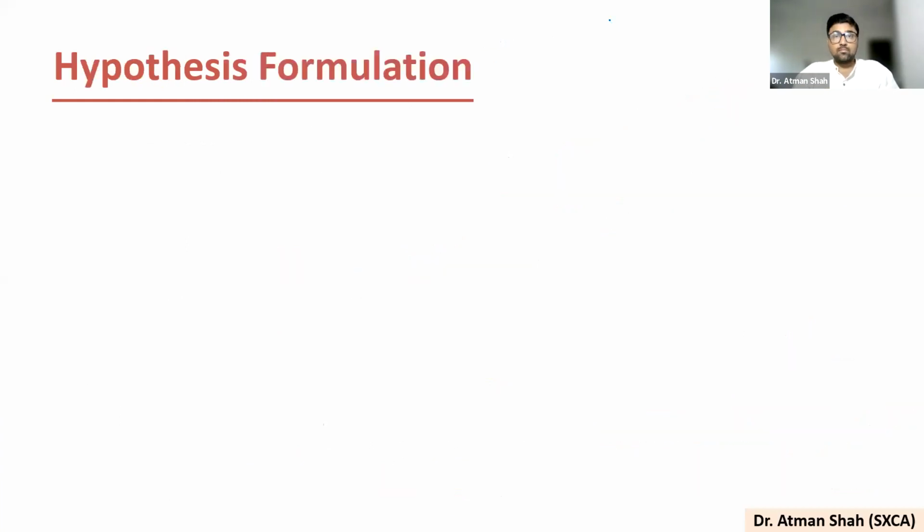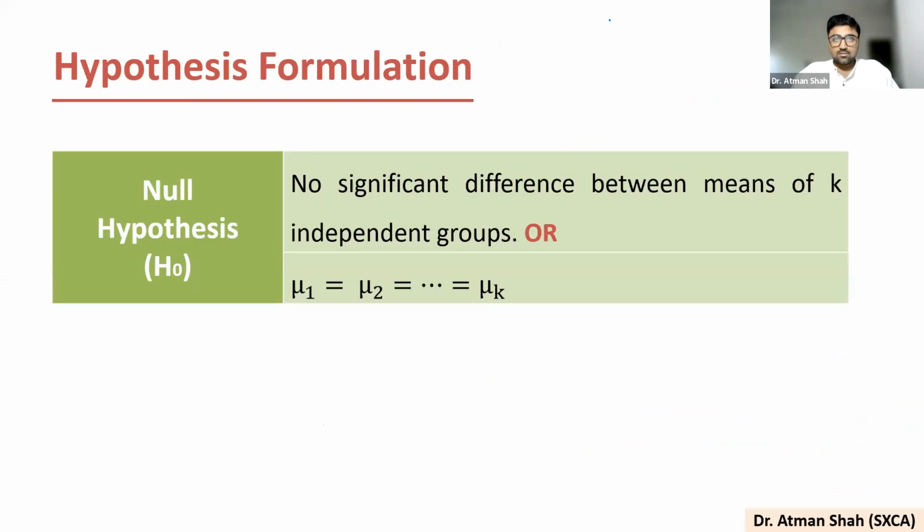How to frame hypothesis, null and alternative hypothesis in case of one-way ANOVA. First, that is null hypothesis: no significant difference between means of k independent groups. So for example, we have k independent groups, so mu1 is equal to mu2 is equal to up to mu k. Right?